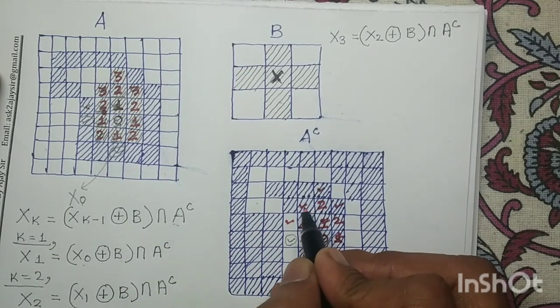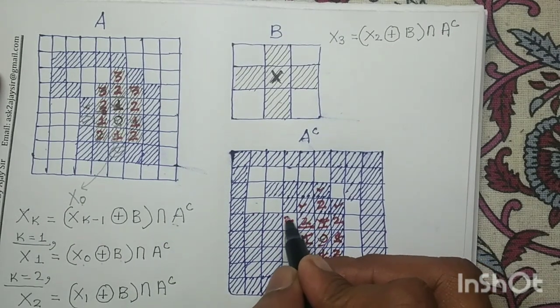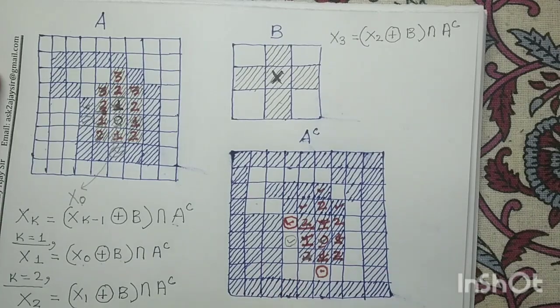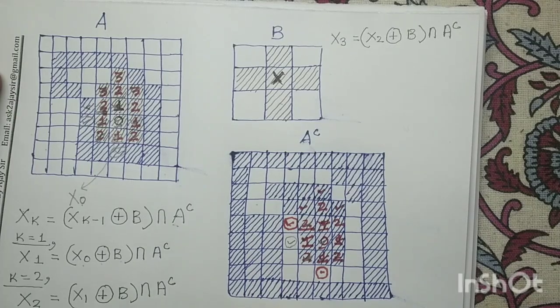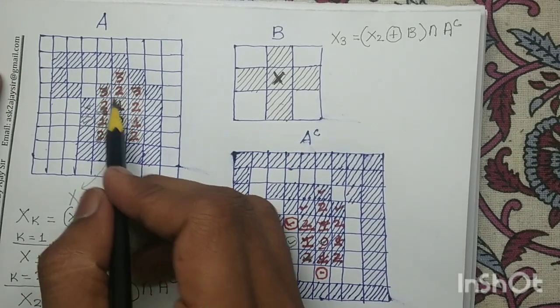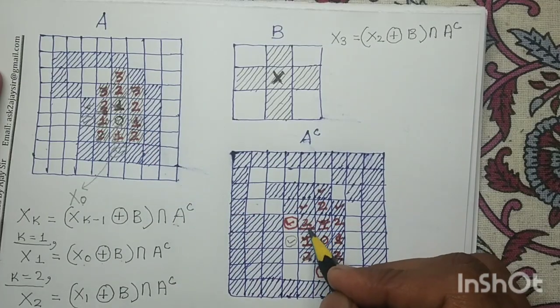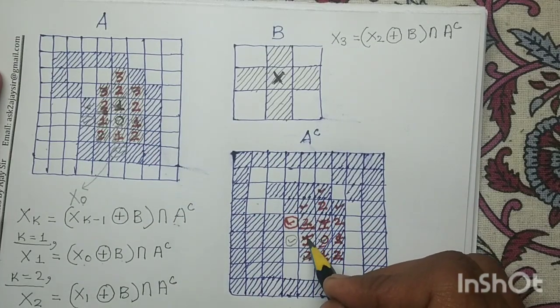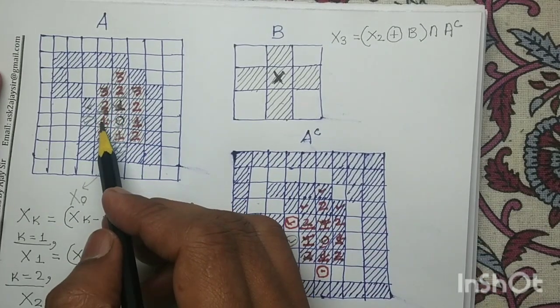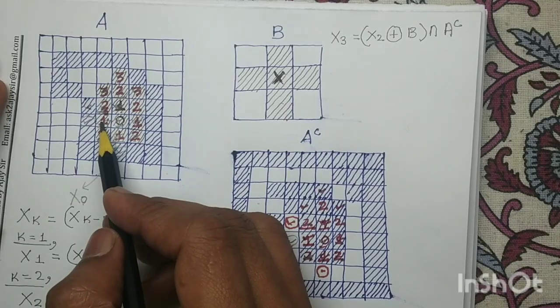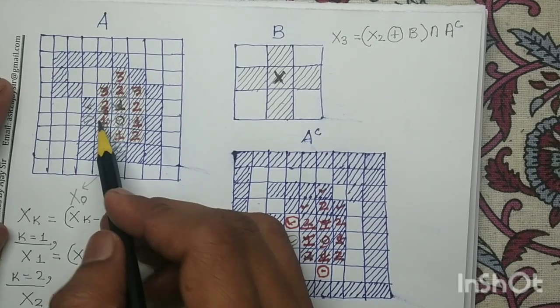If you compare, this pixel will not be part of my intersection output. The remaining 3 pixels we have already marked, and if you check in A complement, these 3 pixels are at logic level 1. Since we have already marked them, we will not change anything. So it won't make any change.